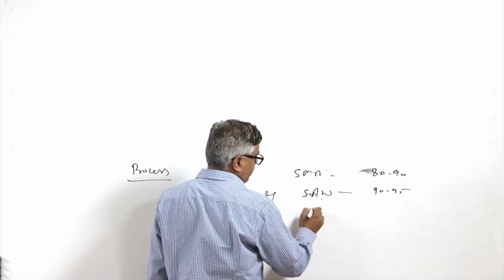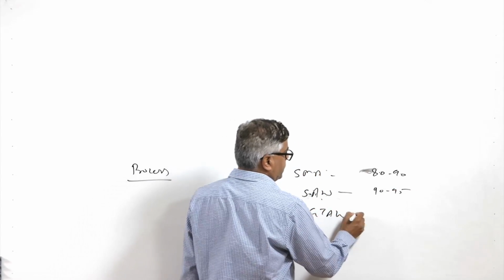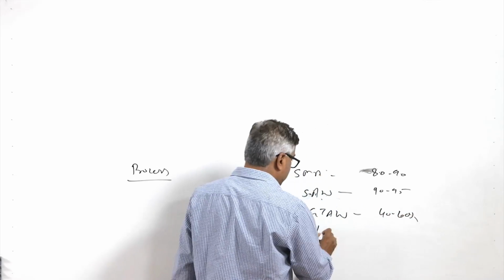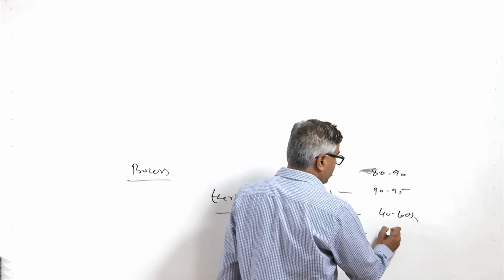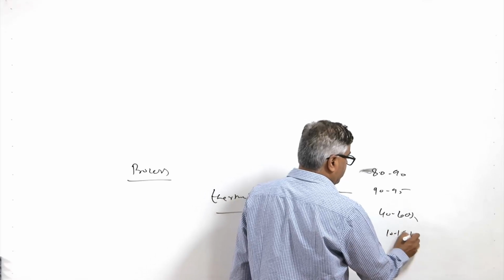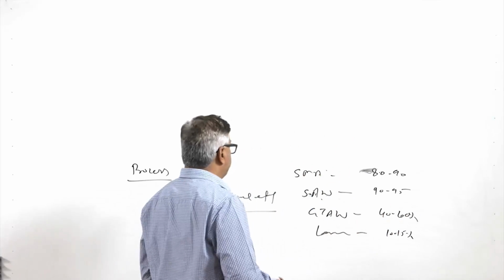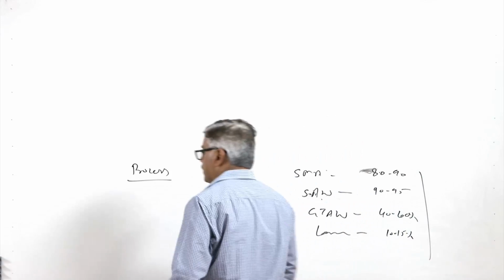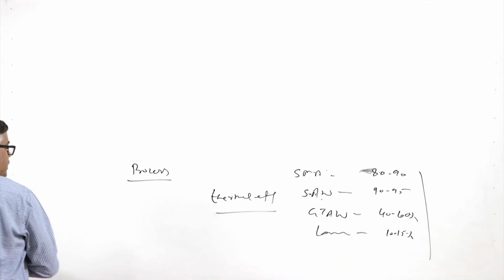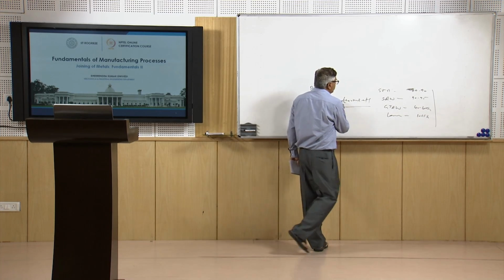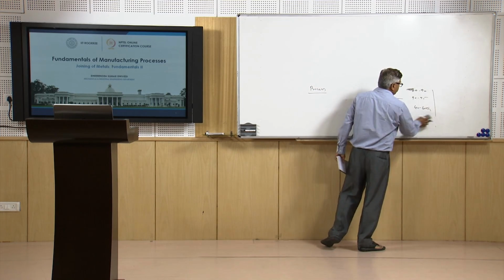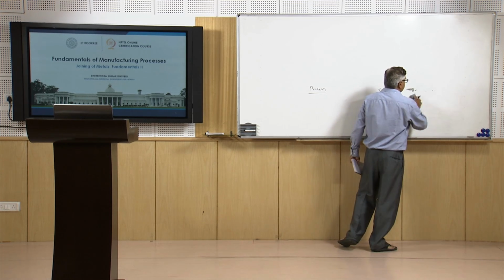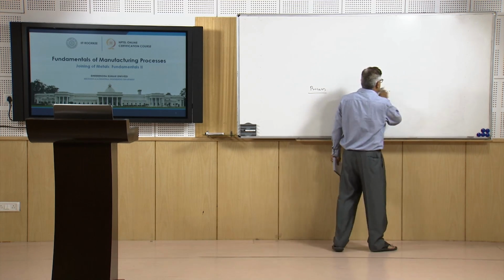For gas tungsten arc welding it is very low, 40 to 60%. For the laser beam it is further low, 10 to 15%. So, depending upon the process, different thermal efficiencies are observed, wherein we deliver some amount of energy during welding but only part of that is used for melting. The remaining portion of the energy is wasted in different ways.